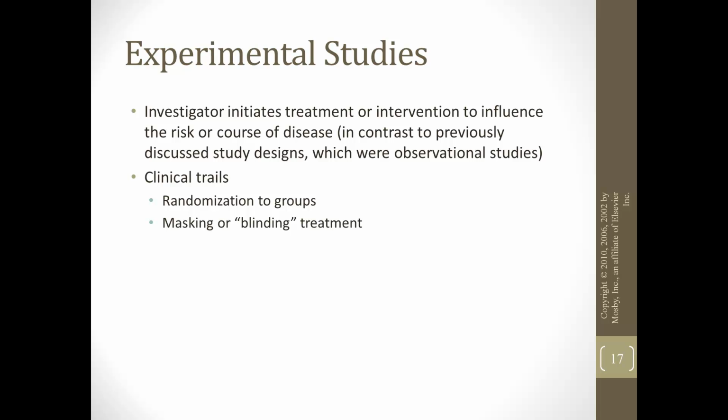Blinding the treatment means that the people who are involved in the treatments and the procedures and the research are not sure who's who. So one might get a pill that has medicine in it, and one might have placebo. And that would be a blinded treatment. That way we know at the end that the actual result was due to the medication and not people's expectations.